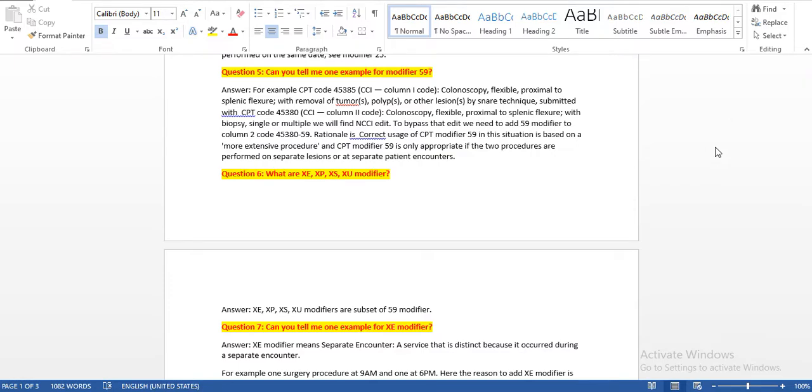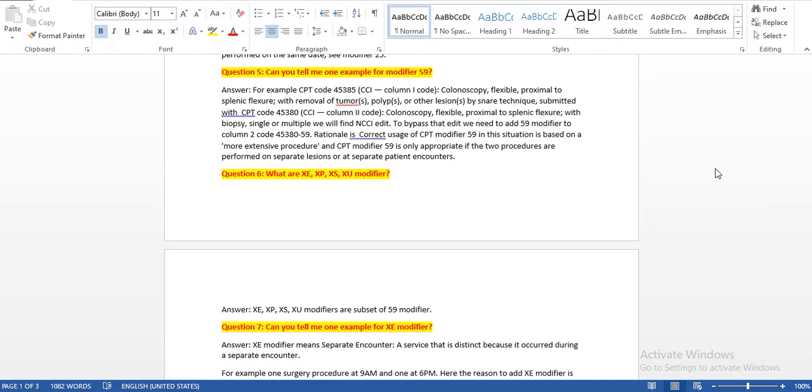Question 5. Can you tell me one example for modifier 59? Answer. For example, take CPT code 45385, which is a column 1 code: colonoscopy, flexible, proximal to splenic flexure, with removal of tumor, polyp or other lesion by snare technique, submitted with CPT code 45380, which is colonoscopy with biopsy.